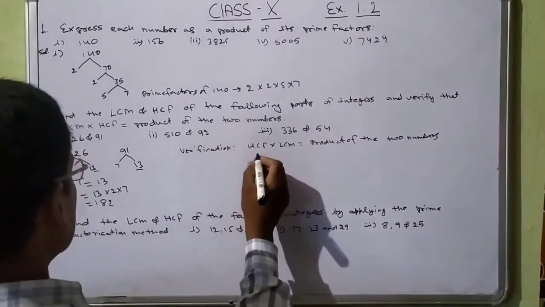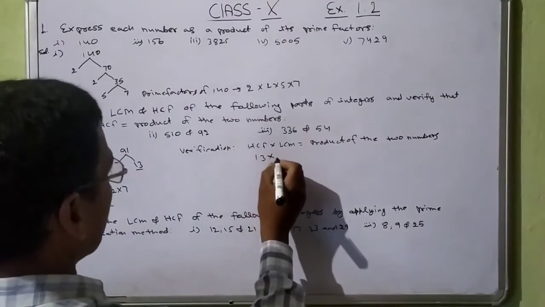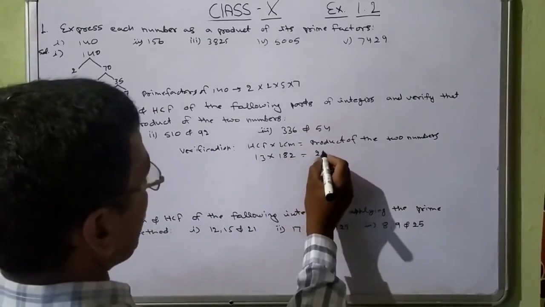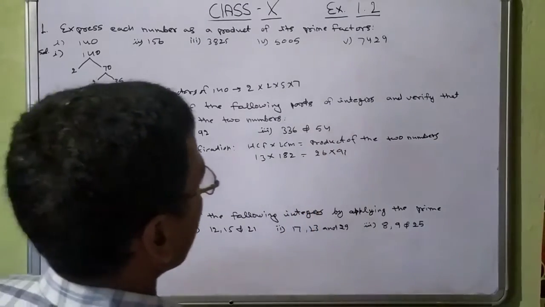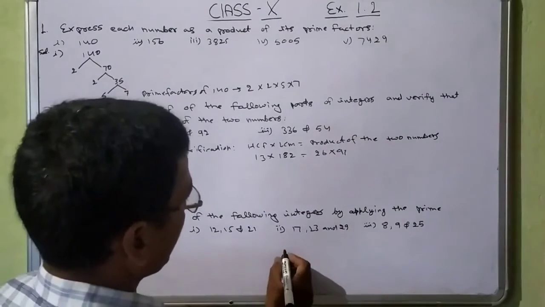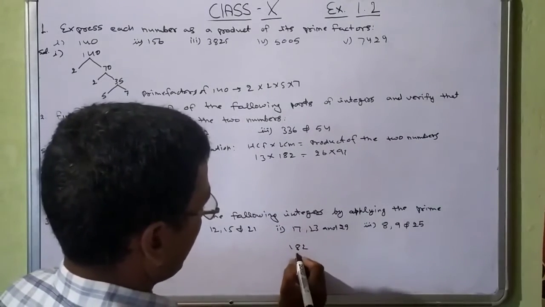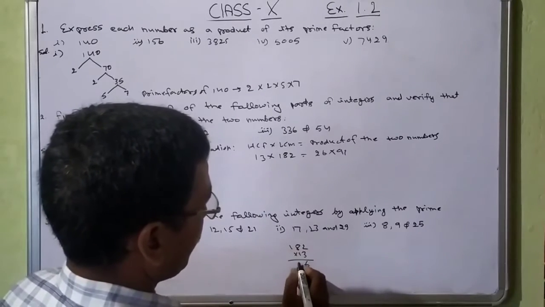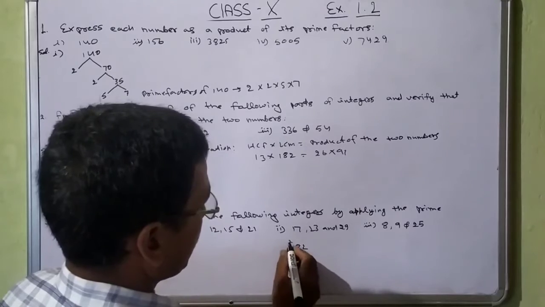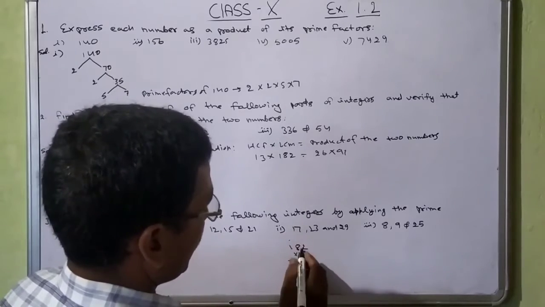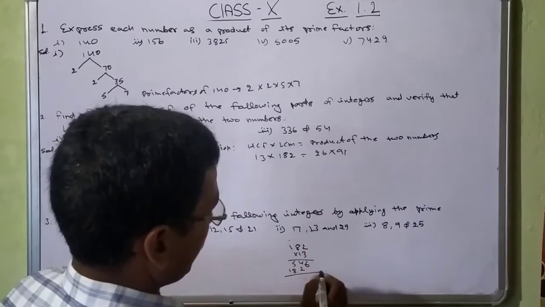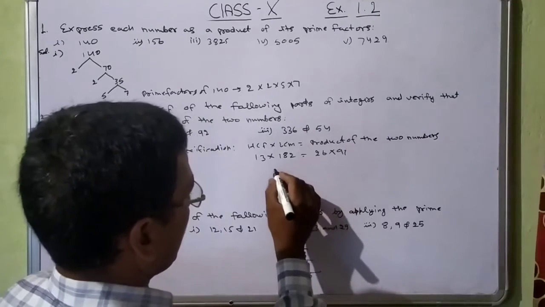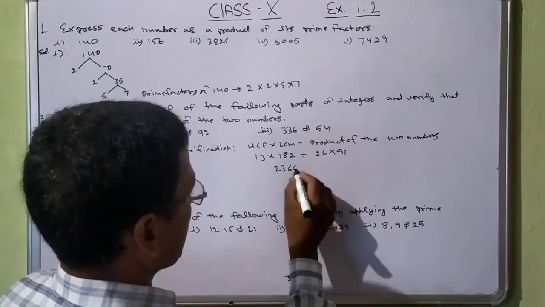HCF is 13, multiply 182, is equal to the numbers 26 multiply 91. Multiplying 182 by 13, we get 2366.